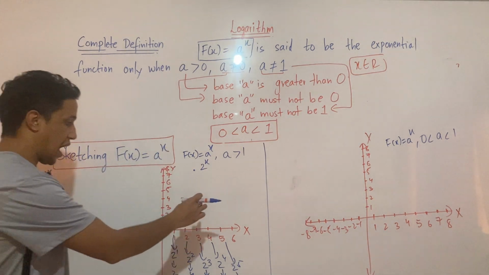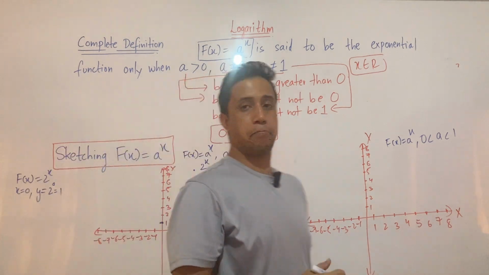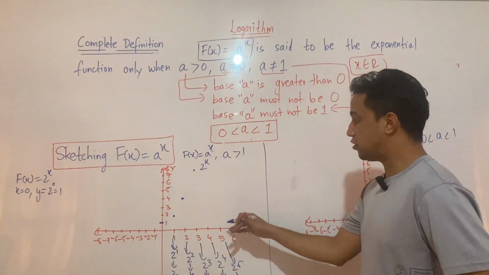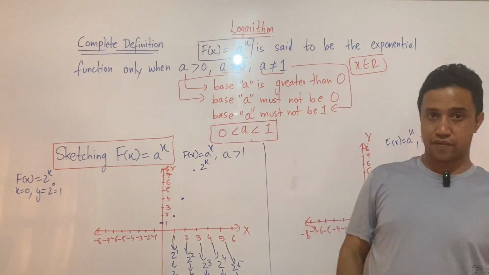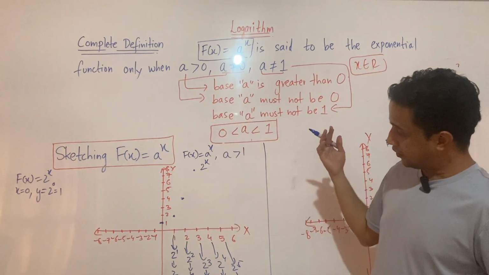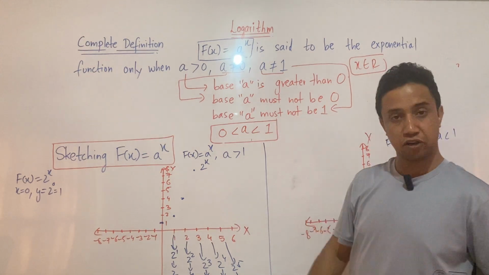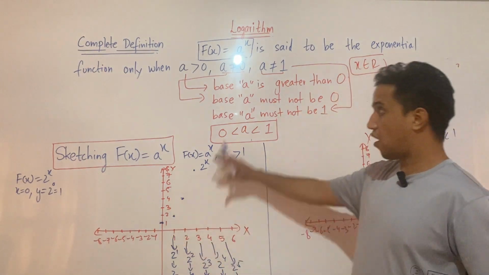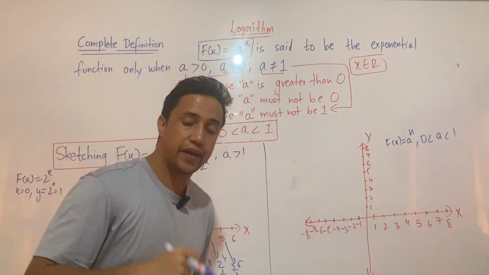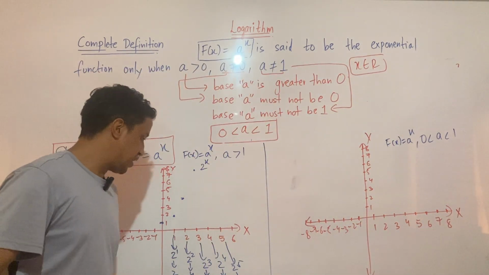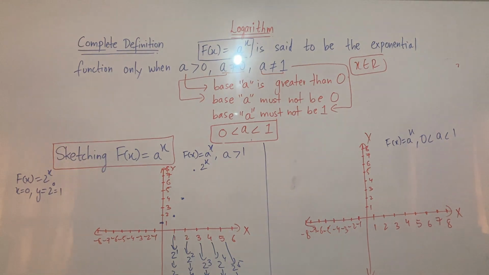Now I cannot plot all these values here because my scale is not correct, and I need much bigger space to cover all these values. I'm just doing it to make things clear to you. I hope you understand it.